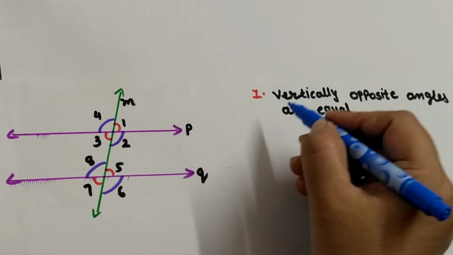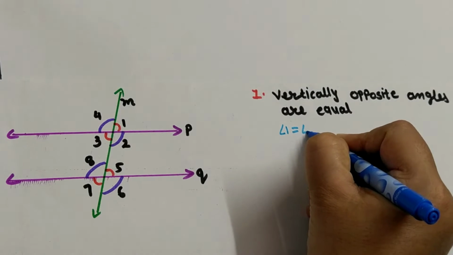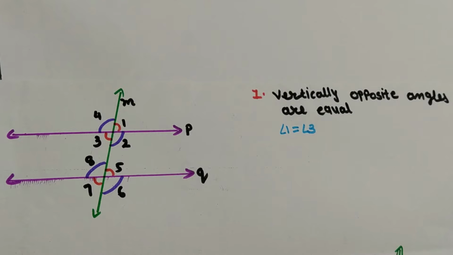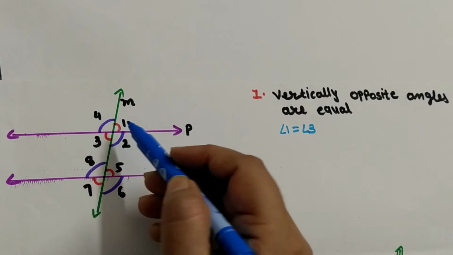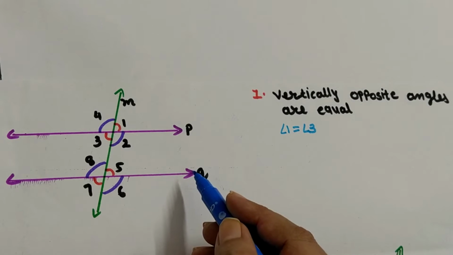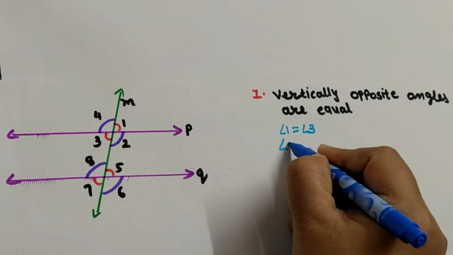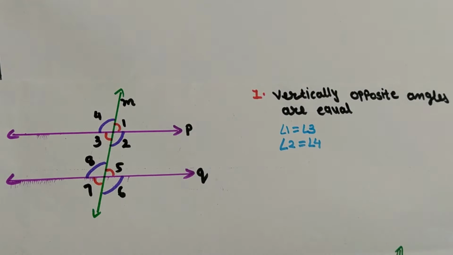It means that angle 1 is equal to angle 3. And angle 2 and angle 4 are vertically opposite angles, so angle 2 is also equal to angle 4.